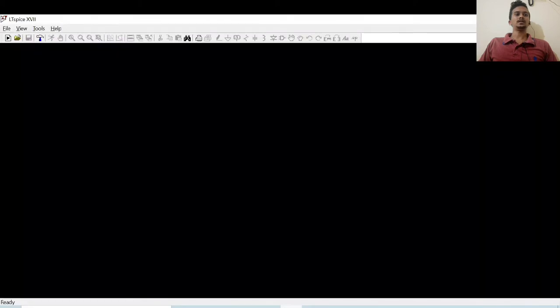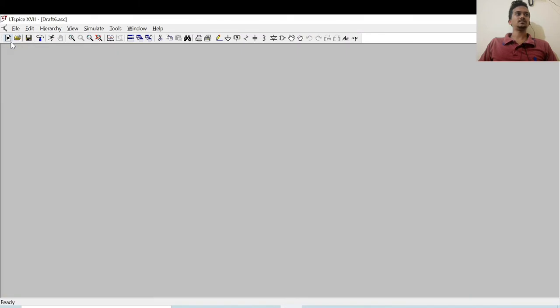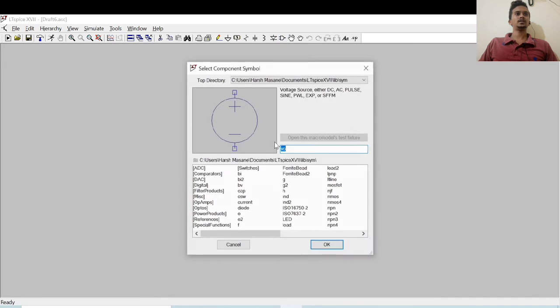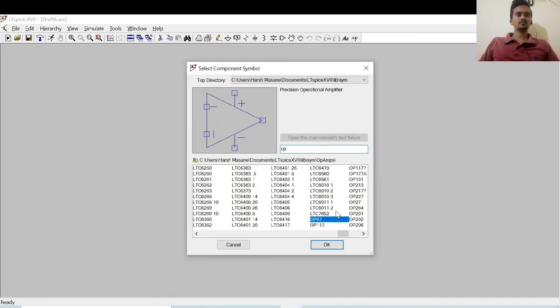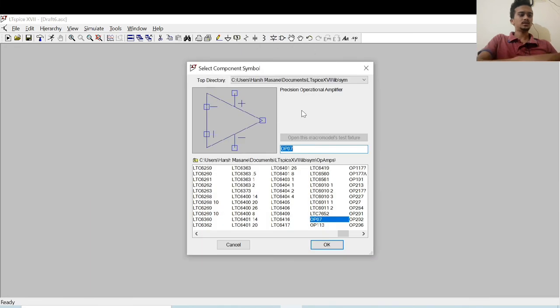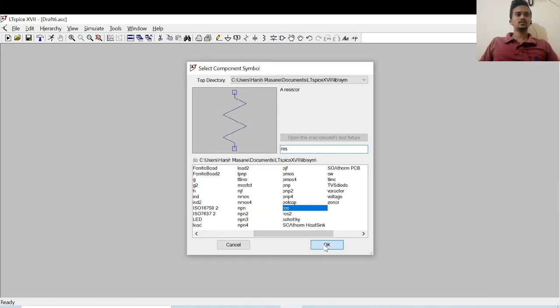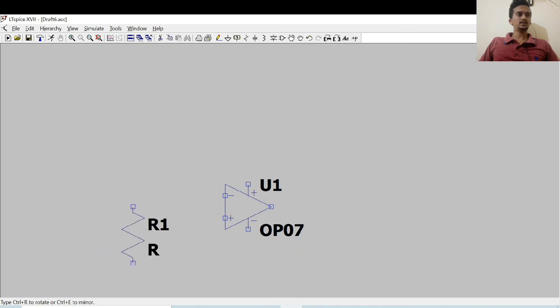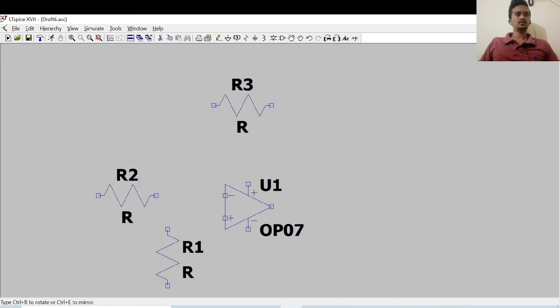So let's design the circuit on LTSpice. We'll place the components. Then we'll require resistors. We'll require 3 resistors, which will be first ROM, then R1, then RF.